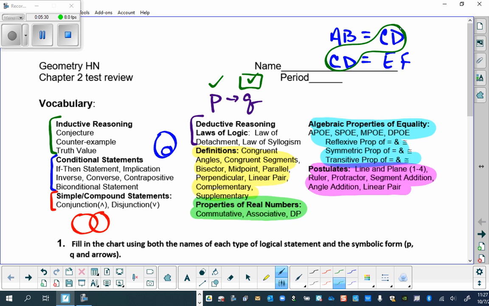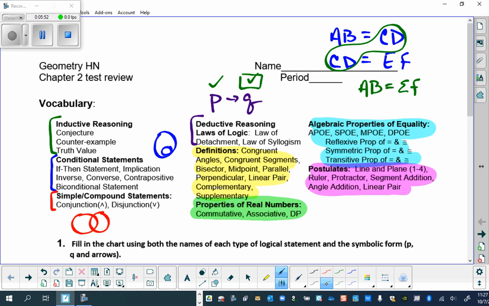Because that one thing is in the conclusion and the hypothesis, we can go ahead and say that the distance from A to B is equal to the distance from E to F. That transitive property allows us to link those three ideas into one statement. Does that help? That's the transitive property of equality.